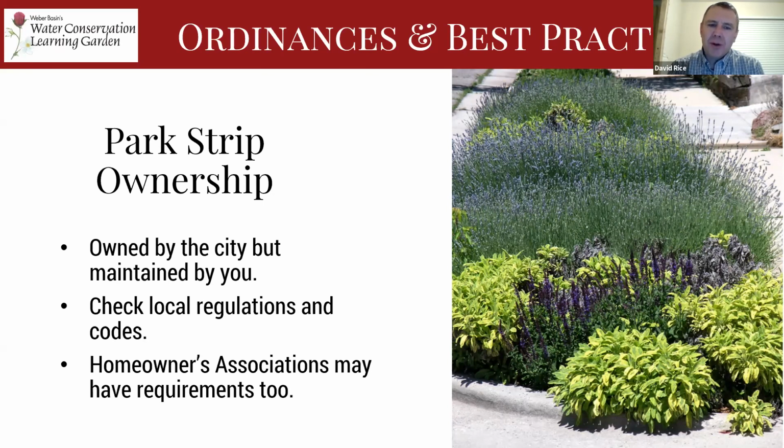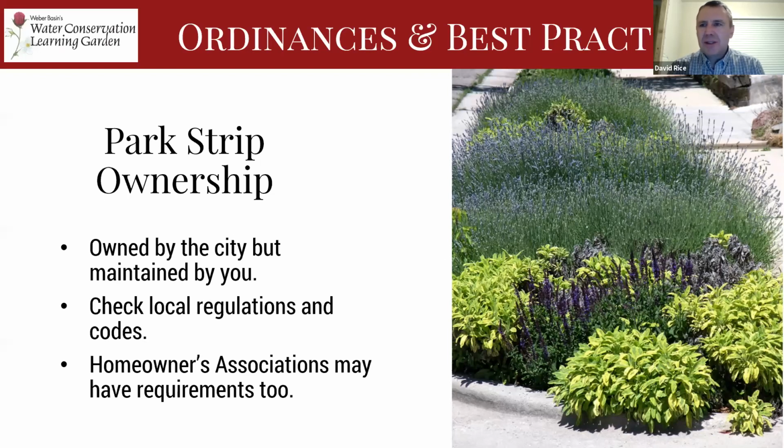Now, if you live in a homeowners association, that's a whole unique, different challenge, because the city may have an ordinance and then your HOA has a different regulation. They'll require a certain number of trees with only certain types of trees, or they will require lawn. So if you live in an HOA, that's kind of your unique challenge, is you have to deal with the HOA rules aside from the city rules.